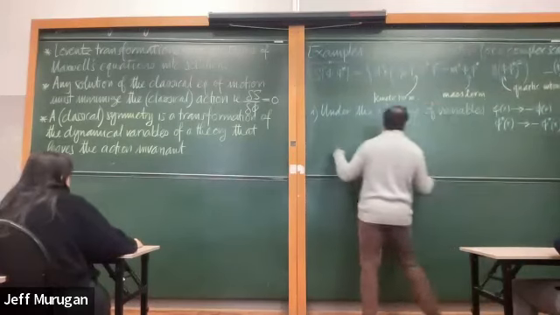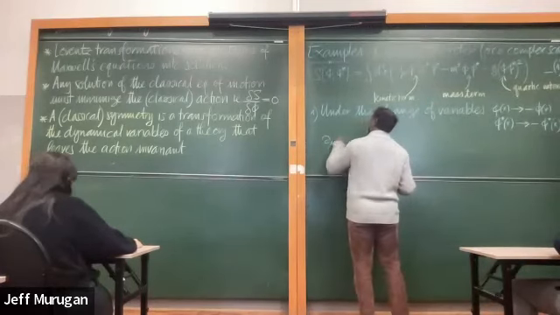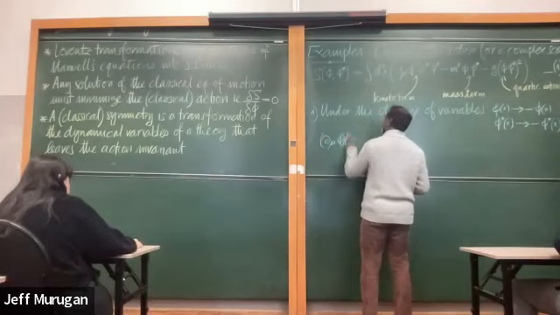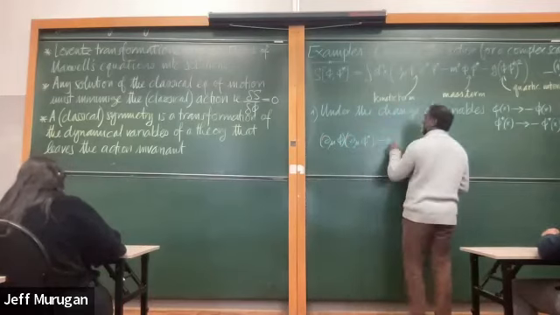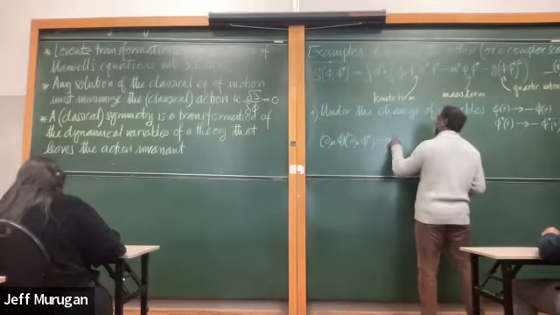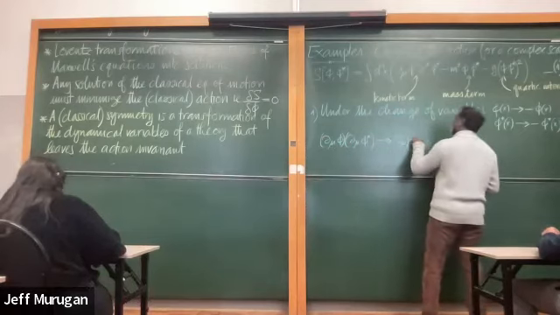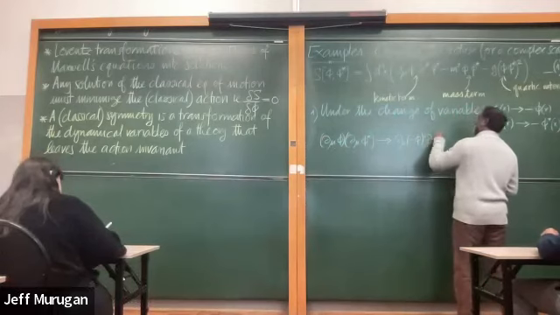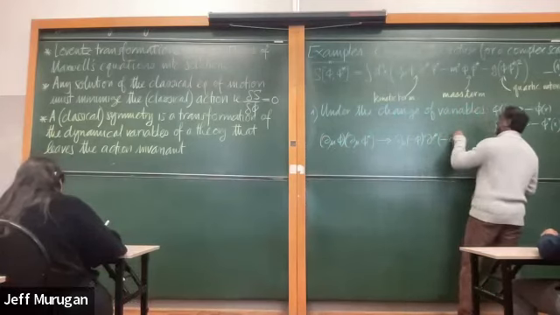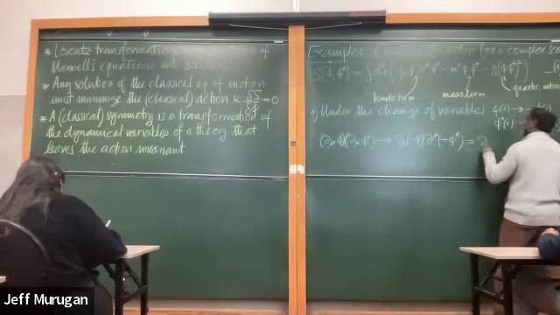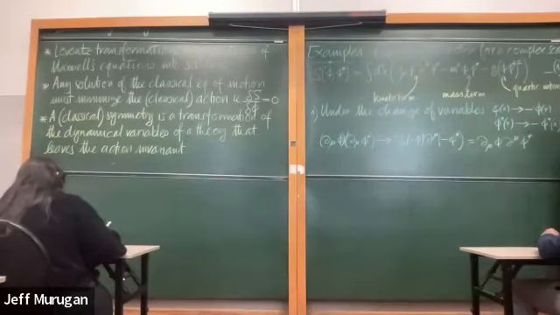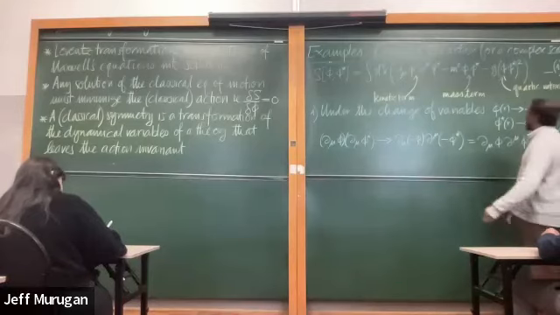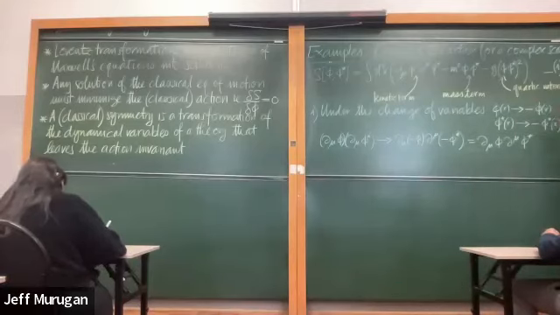Then ∂_μ φ ∂^μ φ* goes to ∂_μ(−φ) ∂^μ(−φ*), which is the same as ∂_μ φ ∂^μ φ*. So the kinetic term is invariant, and obviously the quadratic and quartic terms are invariant as well.